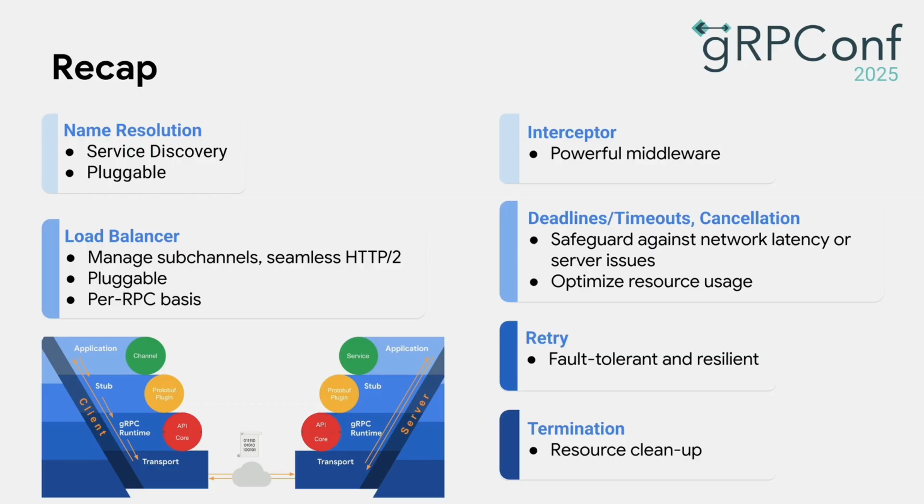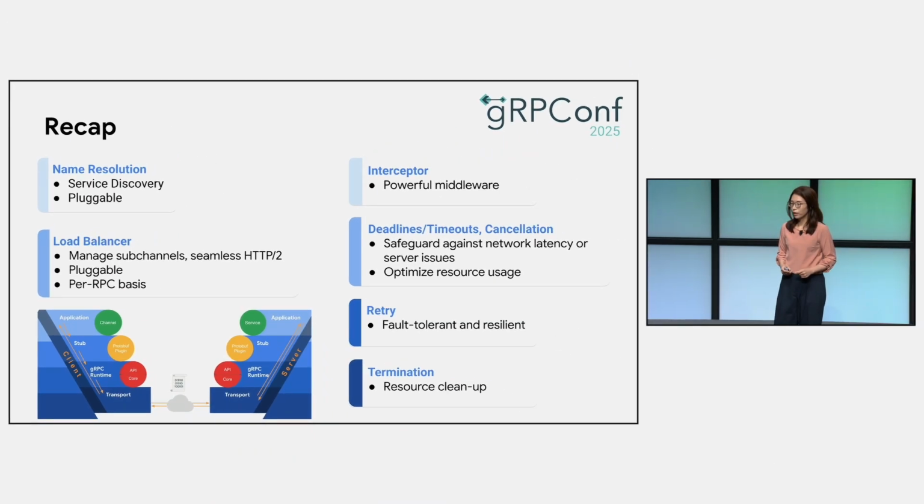Using cancel if you're no longer interested in the results of the RPCs, and the server handler should periodically check if their call has been canceled before processing the request. Also, propagating the cancellation to any downstream services is highly recommended. Configuring retries for fault tolerance and resilience, and gracefully terminating the gRPC channels during the application shutdown.